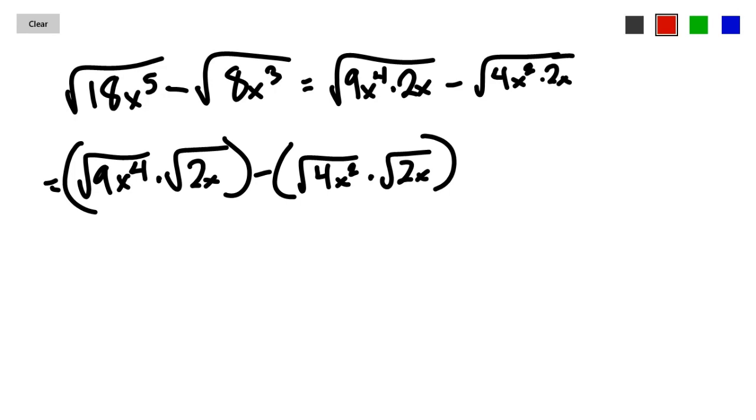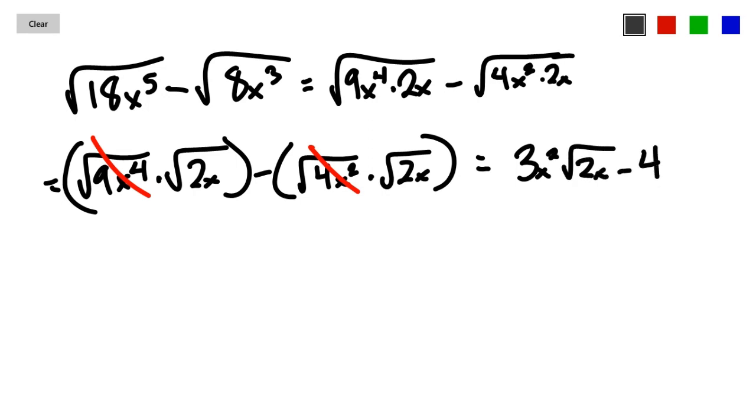The square root of 9x to the 4th power is going to simplify down to just 3x squared. And the square root of 4x squared is just 2x. So I end up with 3x squared times the square root of 2x minus 4x times the square root of 2x.